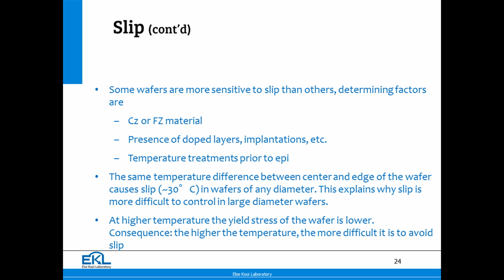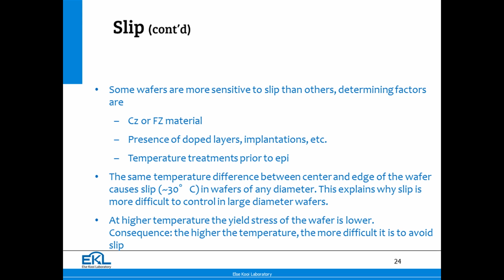From modeling, you can conclude that the same temperature difference between the center and the edge of the wafer causes slip, some 30 degrees between the center and edge, in wafers of any diameter. So that explains why slip is a lot more difficult to control in a 300 millimeter wafer than in a 1 inch or 25 millimeter wafer. And that explains why over time slip was a problem that increased with the wafer size.